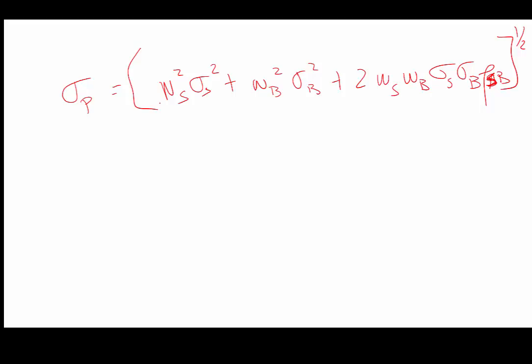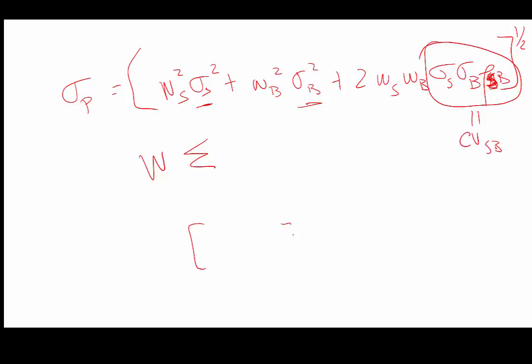So, given that you know this, I can also tell you that there's a quicker way to do this, and that's that you take the weight matrix and multiply it by the variance-covariance matrix. So this is the variance of S, this is the variance of B, and this piece right here is the covariance between S and B. So this is the covariance matrix, and in this case it would look just like this.